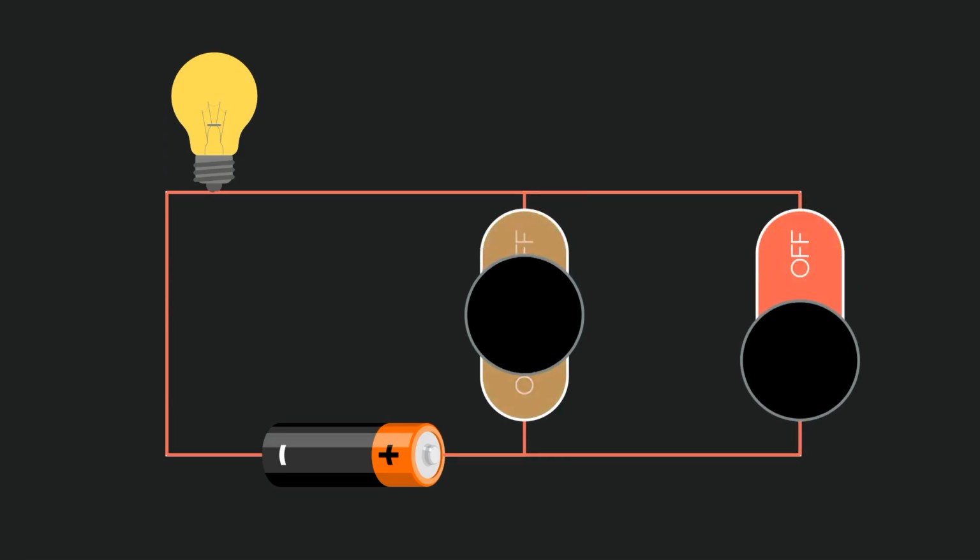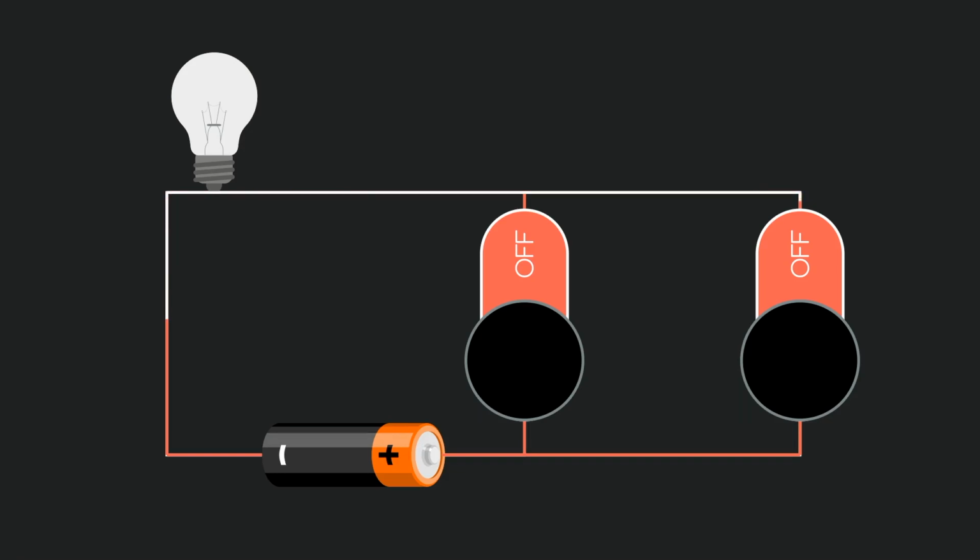Now, the only case that causes the light bulb to be off is when both switches are not connected. We will refer to this functionality as the OR function, since only switch 1 or switch 2 have to be on for the light bulb to turn on.